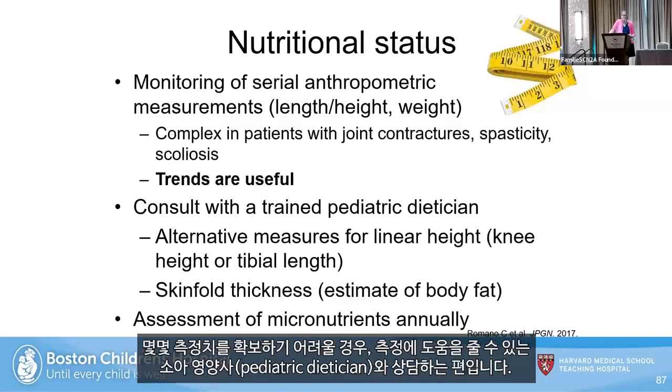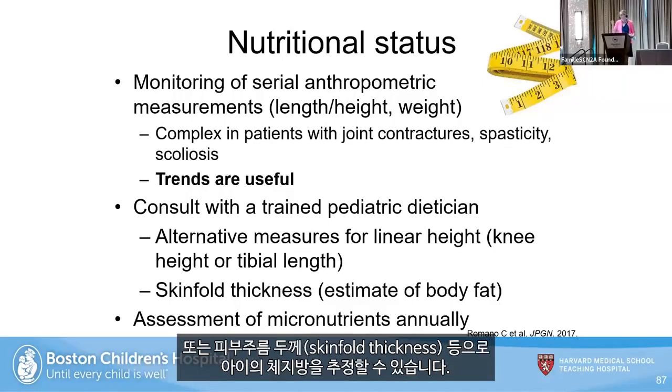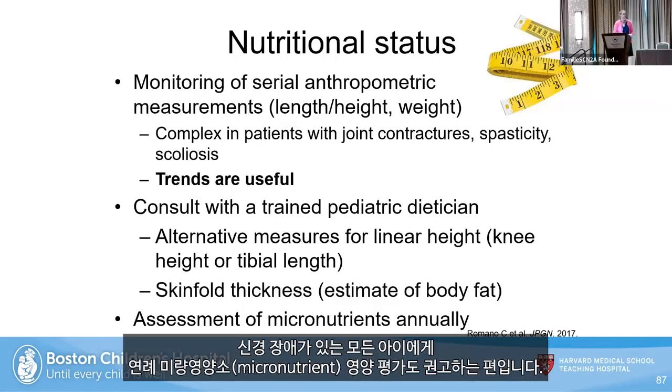We always say to consult with a pediatric dietitian because they can help if you're having trouble getting some of these measurements, using alternative measures for linear height, such as knee height or tibial length, or skin fold thickness, which can give an estimate of a child's body fat. We also recommend in all kids with neurologic disability getting a general annual assessment of micronutrients.